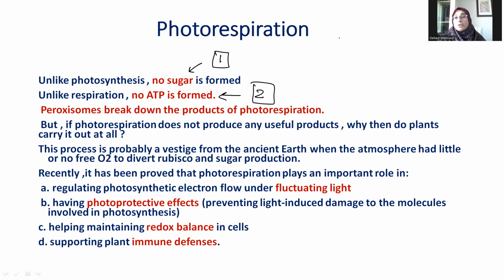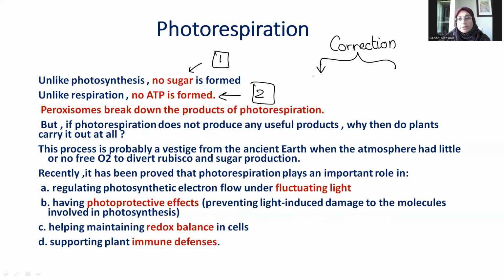So how does the plant correct this? The plant tries to correct this through two organelles. You don't have to know the biochemical pathways of correcting photorespiration, but at least you should know that there are two organelles that share in doing this.